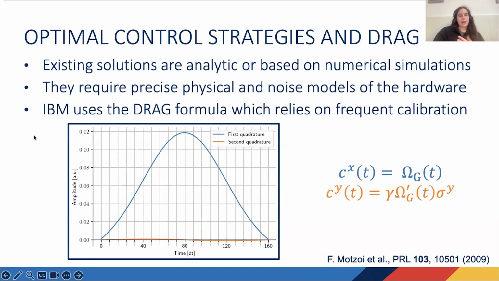For example, IBM uses a relatively simple analytic formula called DRAG, derivative removal by adiabatic gate. And the idea is just this simple Gaussian shape. So this is what C(t) looks like. And just like my signal coming out of the resonator had 2 components, my voltage signal going in has 2 components.